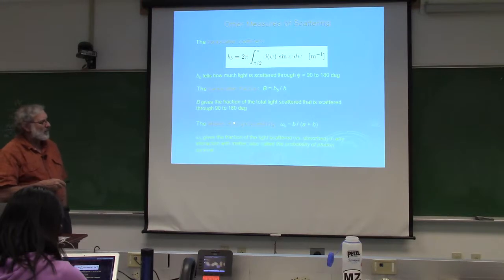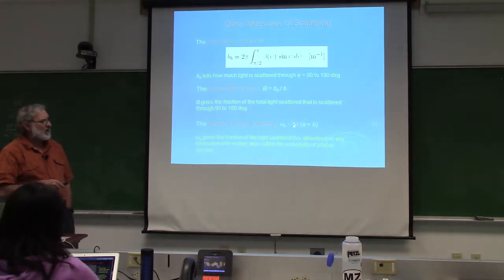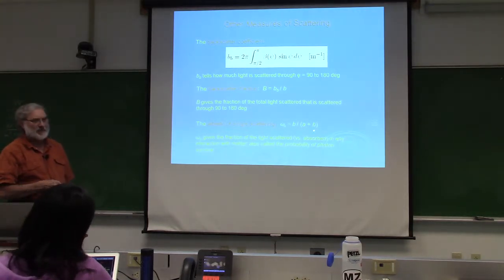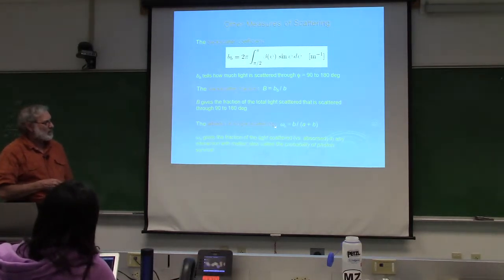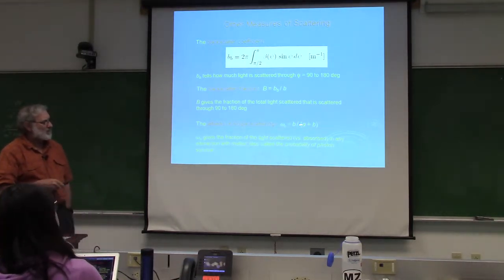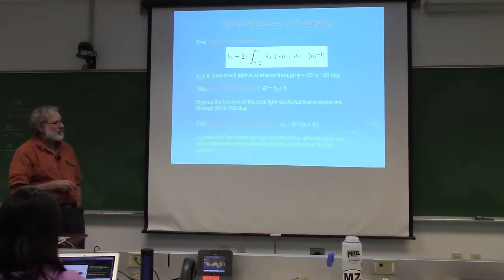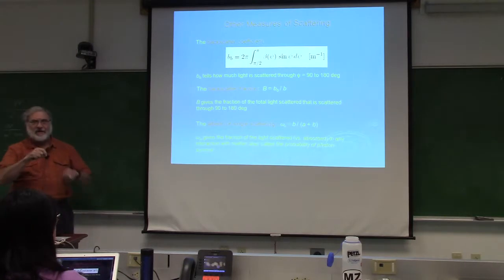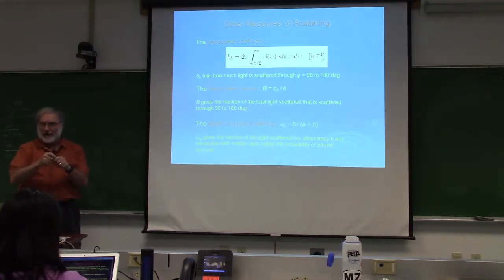And there's one more thing that you'll see referred to, which is called the albedo of single scattering, and that's the ratio of scattering to absorption plus scattering. It's a reflectance basically, it's non-dimensional, and it gives the fraction of light that is scattered when a photon interacts with a particle.